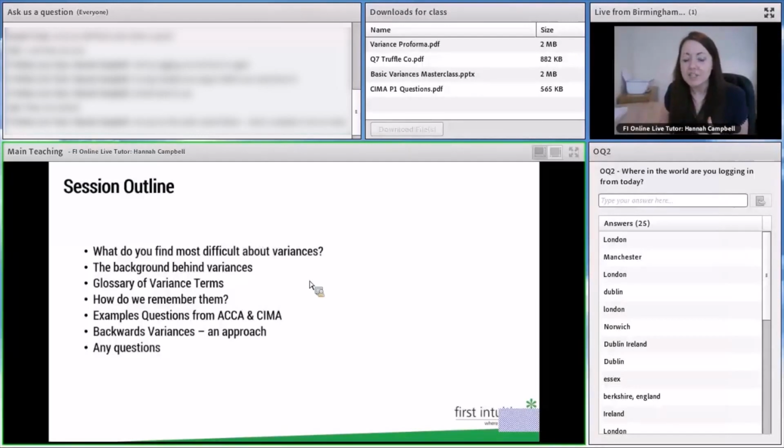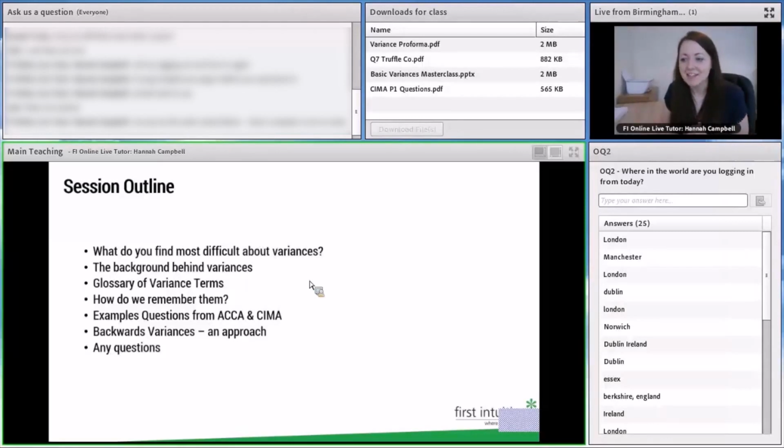Now, with some questions, the information that you get is in paragraphs, in continuous text, and I think that sometimes throws us off because we don't understand some of the terminology around variances. So I've got a glossary to hopefully help us locate the right information within the scenario.